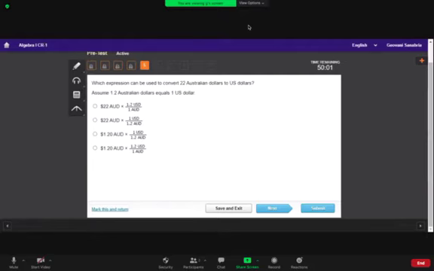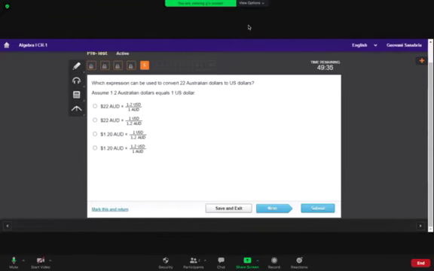$22 to US dollars. Assume 1.2 Australian dollars equals 1 US dollar. So if you have 22 Australian dollars, how many US dollars is it? That's what it's saying.